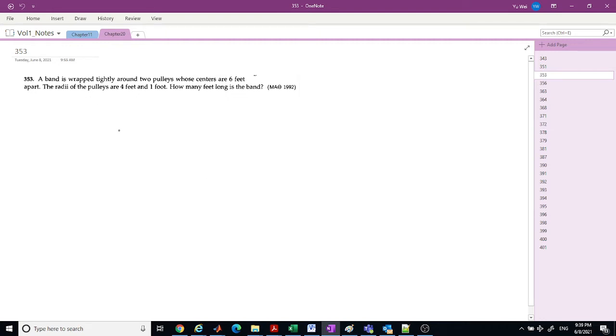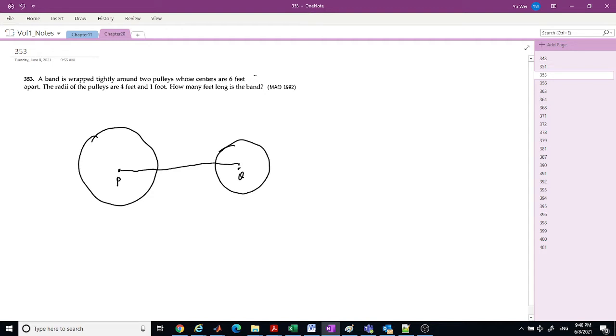353. A band is wrapped tightly around two poles, so we have two circles. Let's call them P and Q, whose centers are 6 feet apart. If we connect PQ, we know PQ is 6 feet.